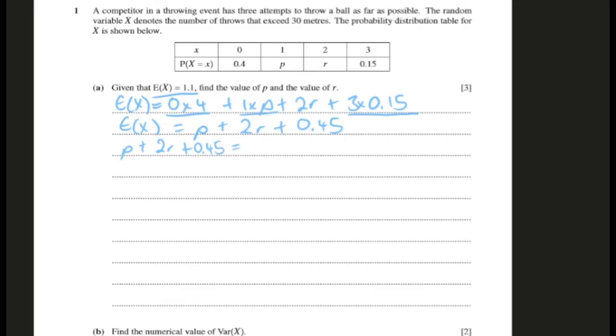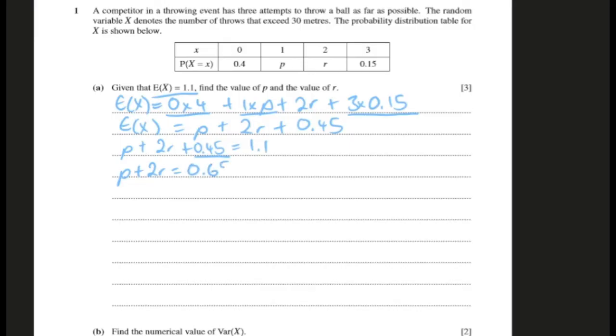So it becomes p plus 2r is equal to 1.1 minus 0.45. 1.1 minus 0.45, that's 0.65. And now you notice that we have an equation in terms of p and r.